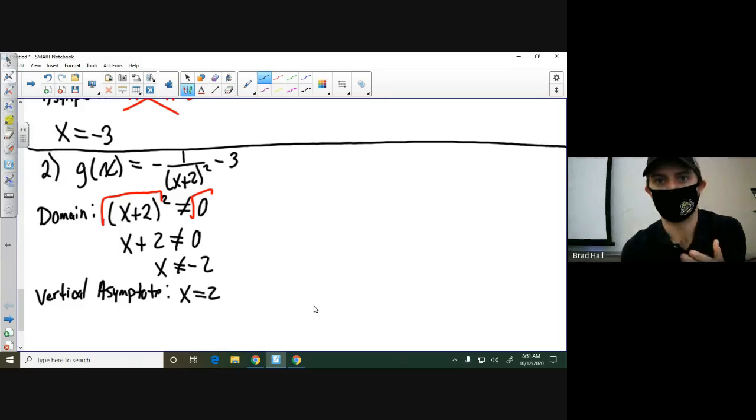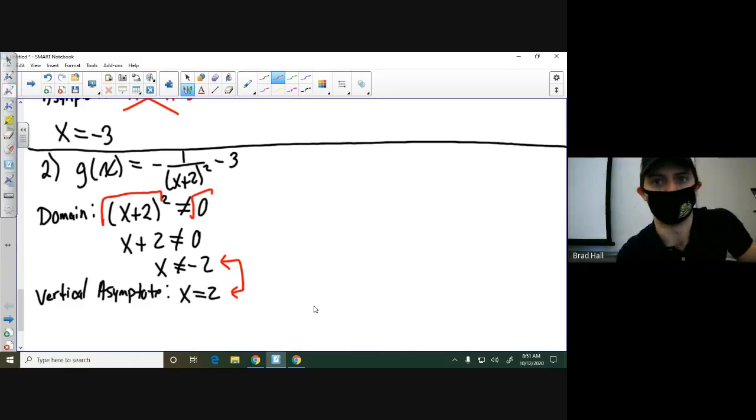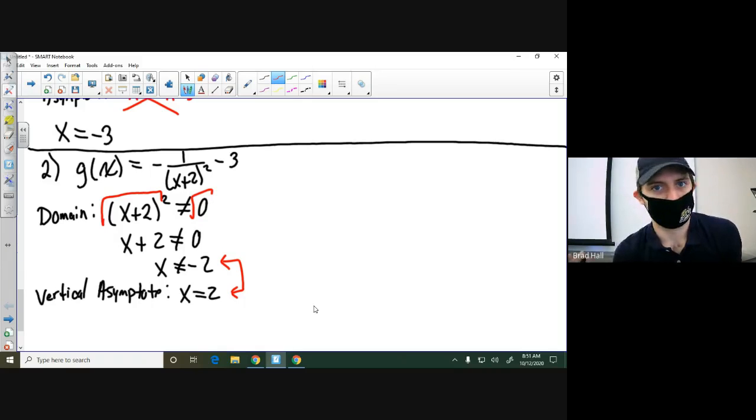So notice the domain and the vertical asymptote are very closely related. Notice I was able to just derive one from the other by simply changing a sign. And this is all contingent upon being able to remove the discontinuity or not. But again, this association will legitimately happen 99% of the time.